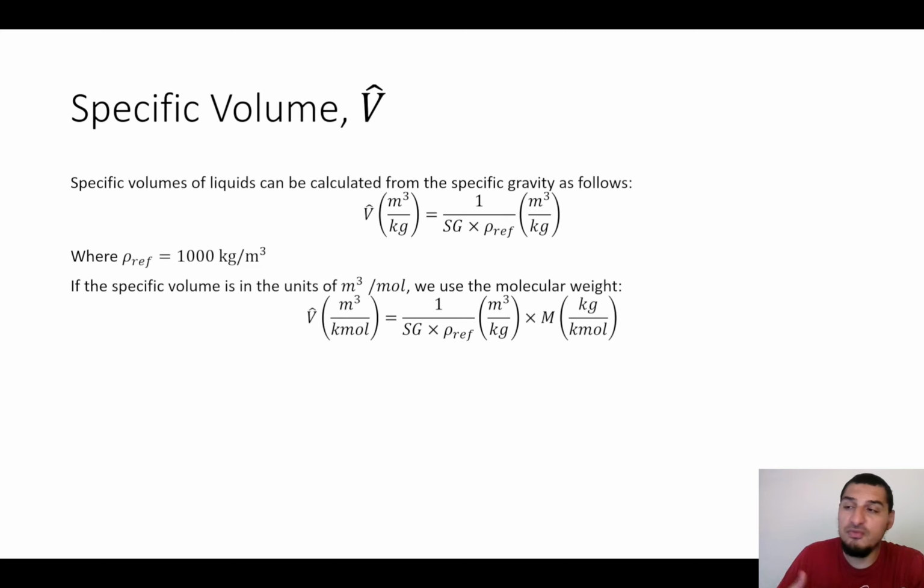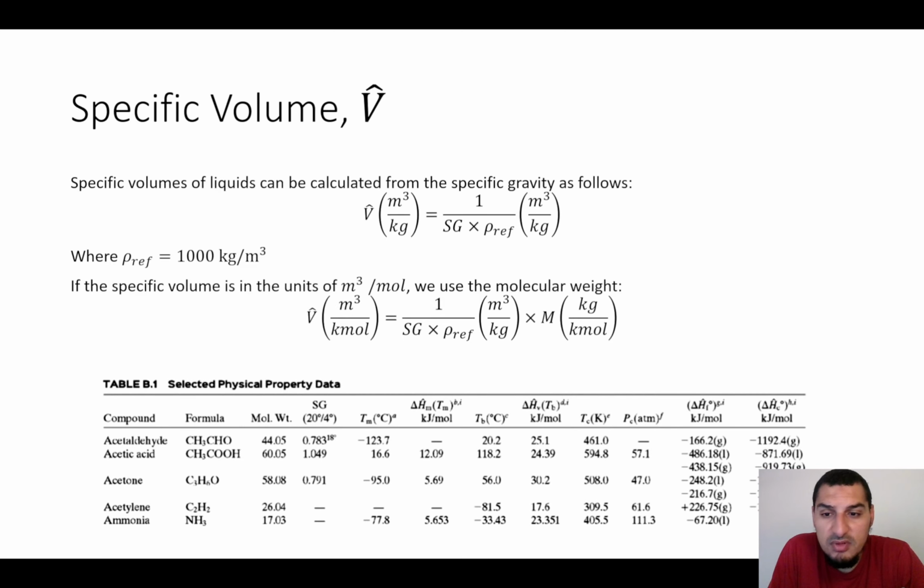We have another option if you have tabulated data, like in case of steam. It's not always available, so we are more interested here in the liquids. For the solids, you can find the density of solids easily from tables or from whatever source you can find it in. But I'm just mentioning this here because this is something we have in the textbook, which is the table of physical properties, table B1. Now we will see that we are going through the tables.